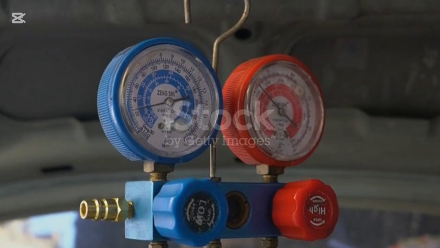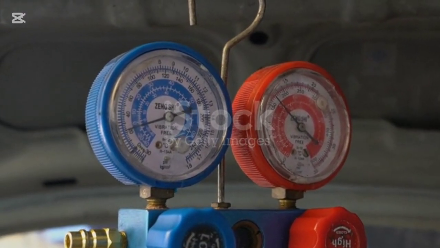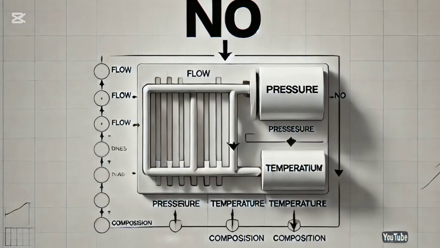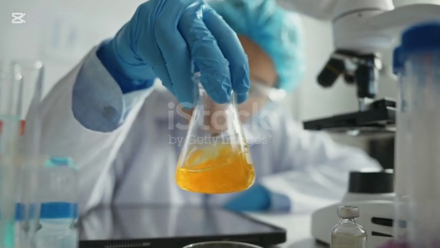Deviation: no pressure in a compressed gas system could halt the operation or cause leaks of hazardous substances. Composition. No specific composition could occur if a feed stream is missing a critical component. Deviation: no solvent in a mixing process could lead to incomplete dissolution.